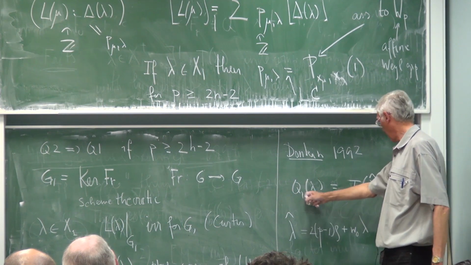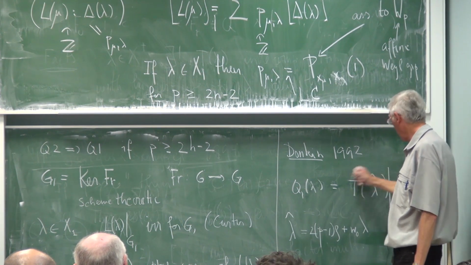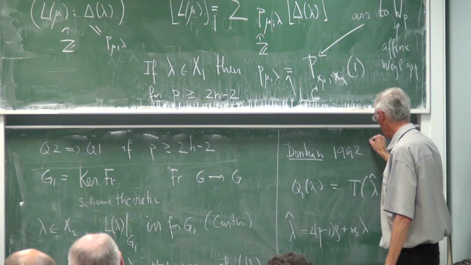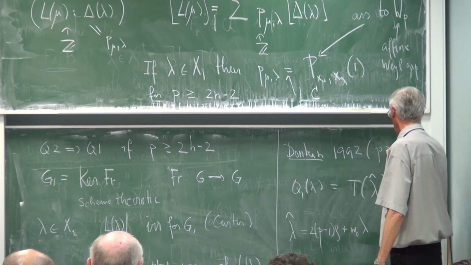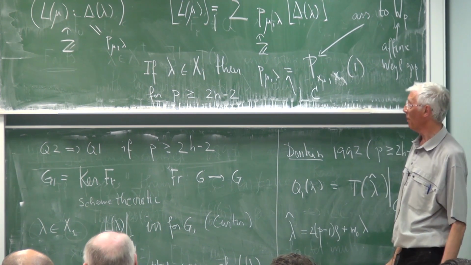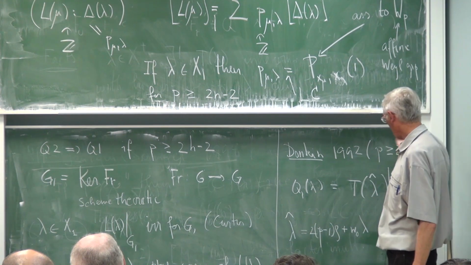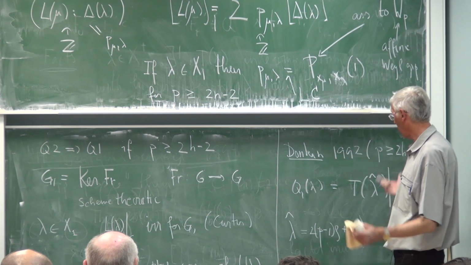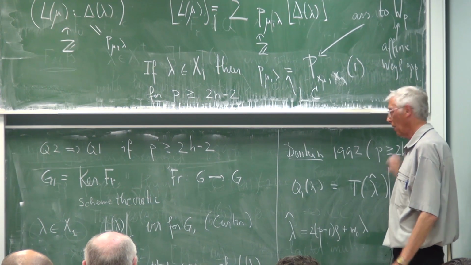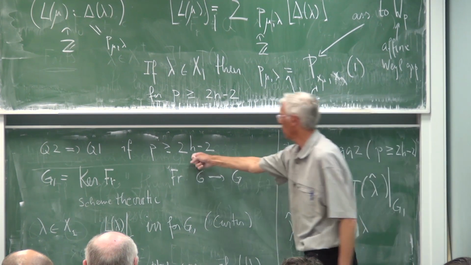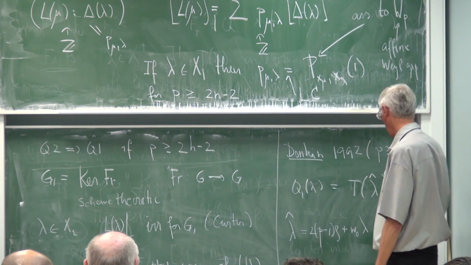So in fact this Q1(lambda) has a G structure, namely this G module restricts to it. And here is where the snag comes in. He can only prove this if p is bigger than 2h minus 2. He conjectured that it's true for all p, but he could not, and no one else has been able to do much about this. So we'll still have to work with this assumption.